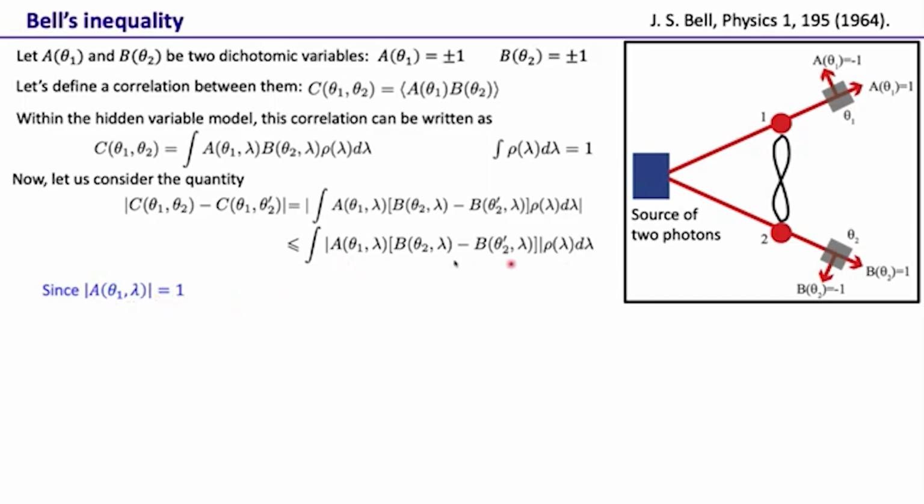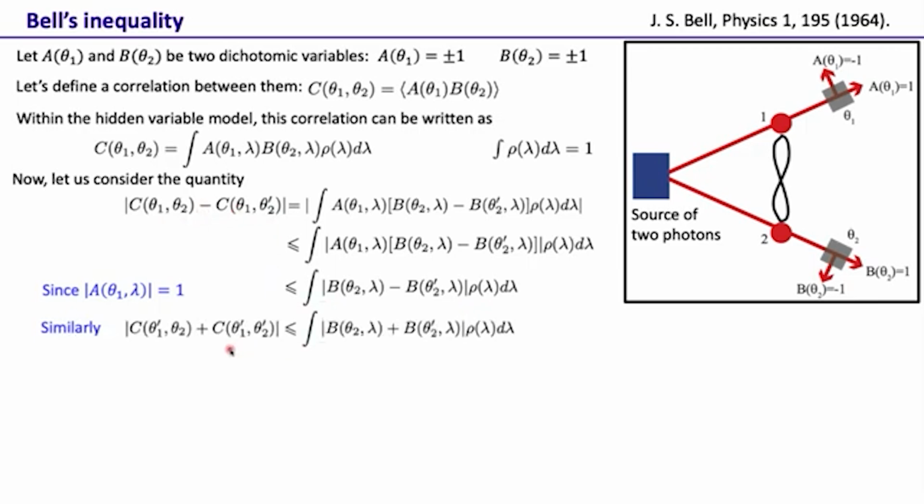Hence this quantity, where we have A and B theta 2 and B theta 2 prime, will definitely be less than or equal to the integral of the magnitude of B theta 2 lambda minus B theta 2 prime lambda, with A being put as 1. So this correlation quantity that we consider will be less than or equal to this.